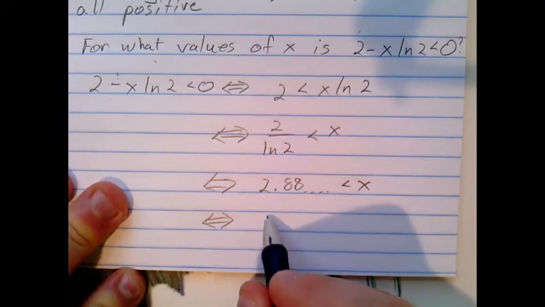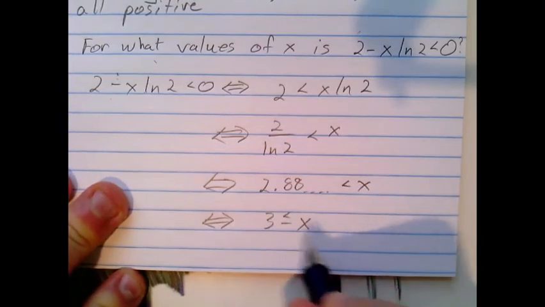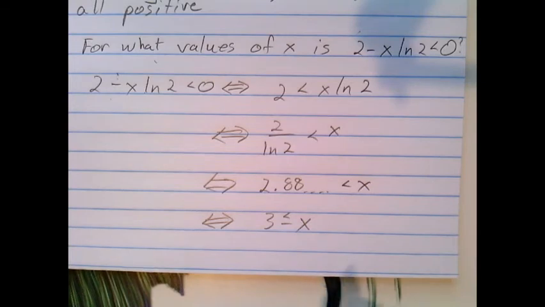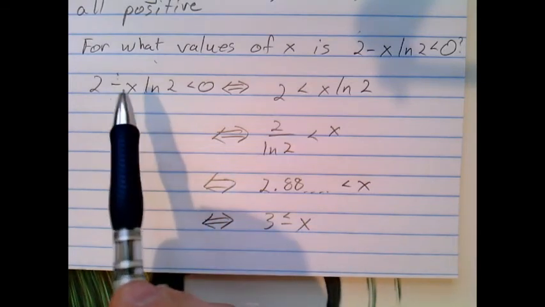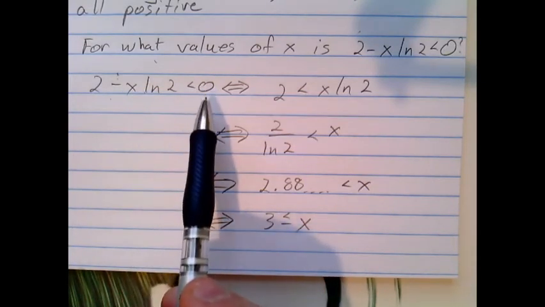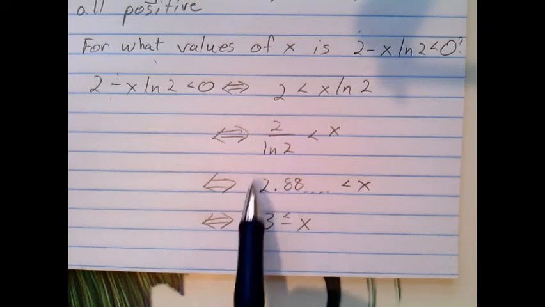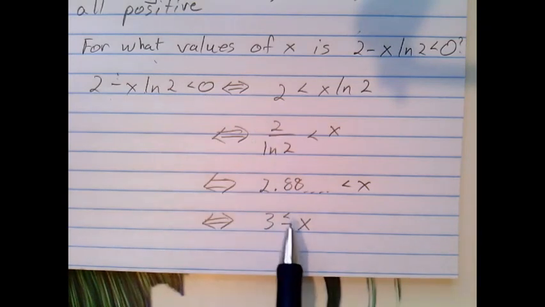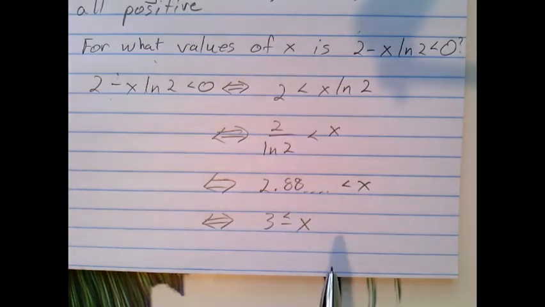Well, that basically means x would be greater than or equal to 3. Aha! So this factor is negative, less than 0, if and only if x is greater than or equal to 3.